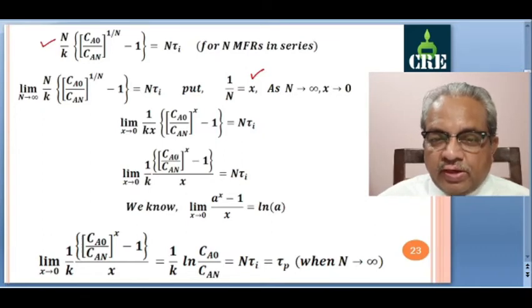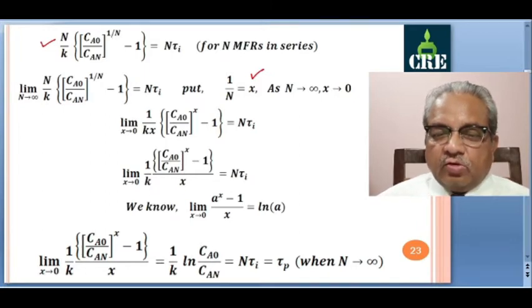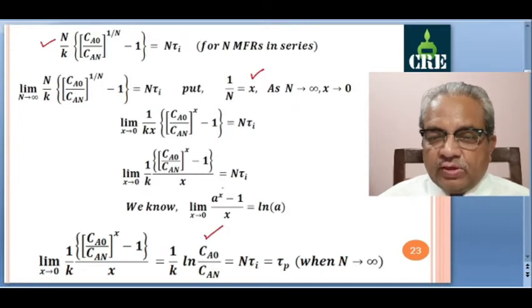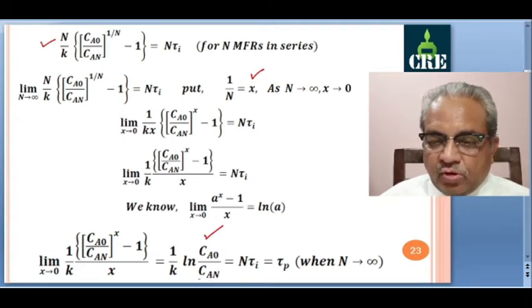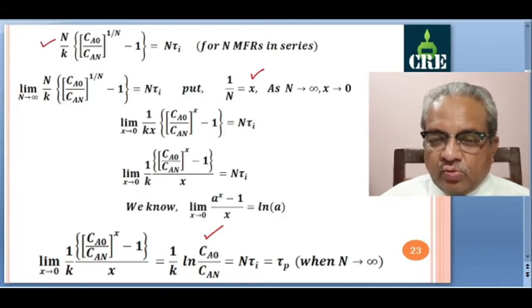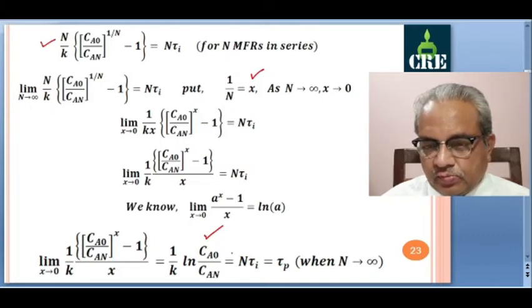So our a is here Ca0 by Can, so simply ln of Ca0 by Can, with 1 by k as the constant outside. This form you are familiar with, and this is n tau i. So 1 upon k ln of Ca0 by Can, this we get when we solve the integral for a plug flow reactor. So from the performance equation of the plug flow reactor, tau p is equal to 1 by k ln of Ca0 by Can. This you know.